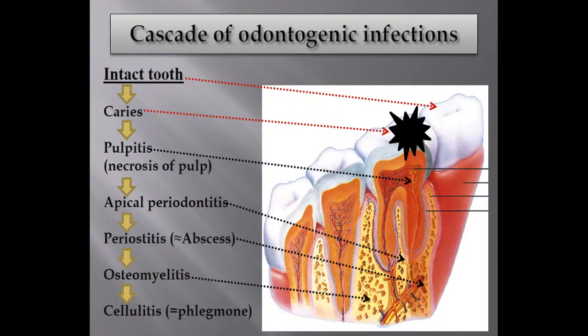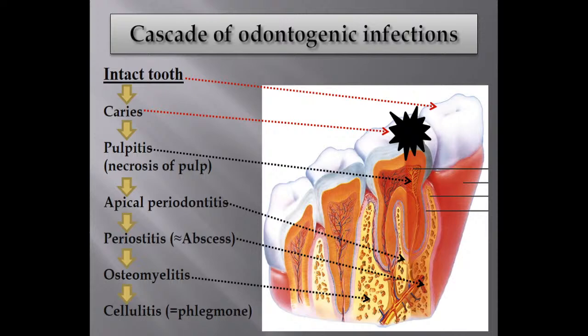And on this slide, you can see the severity of infection, which goes from outside to inside. First of all, it was an intact tooth. Then caries due to bacteria, phosphates, acids, and other factors, genetics.